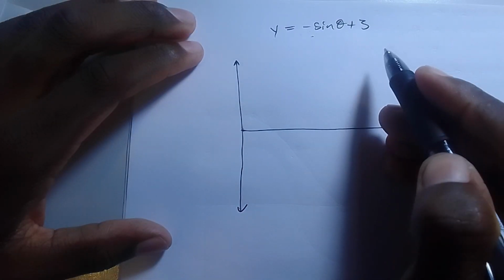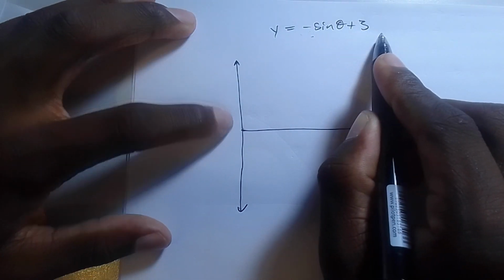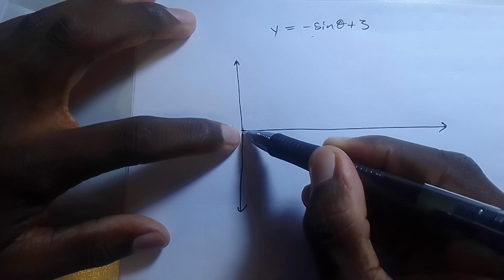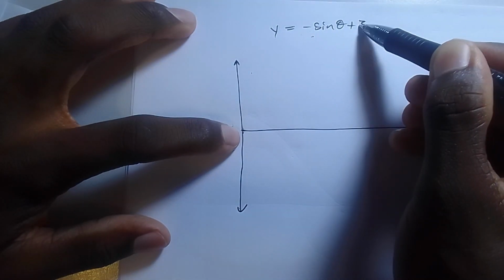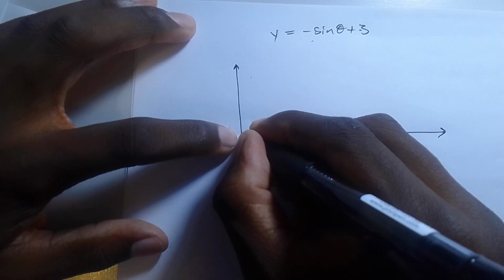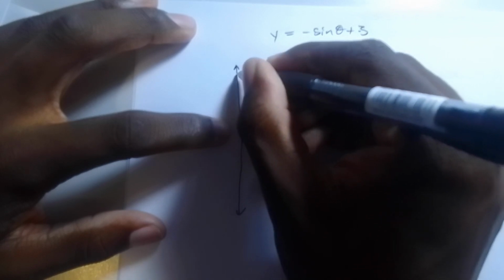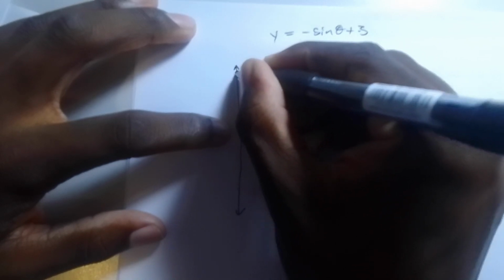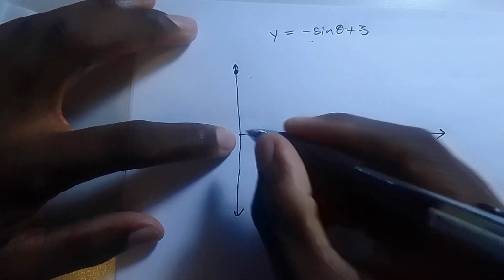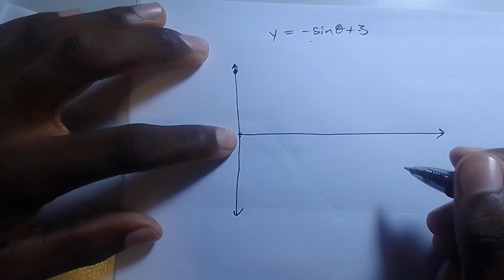But now this one has +3 here. We added 3, which means that every point will move up 3 units. So the point that was going to be here is going to shift up 3 units all the way up to somewhere there. And your minimum point, let me continue.